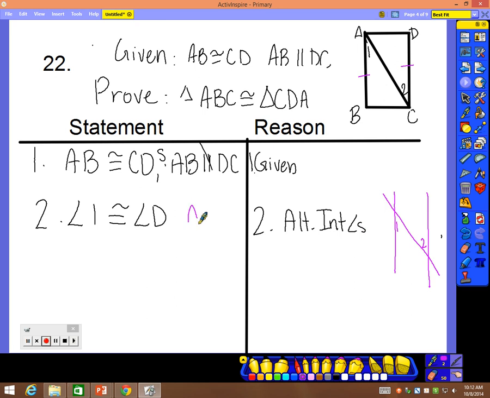So I actually have an angle for this now, don't I? I have an angle. And I have that given side that was right here. So I have a side and an angle. It looks like I need another side, and we already talked about that side, that it would be AC congruent to CA because of reflexive.